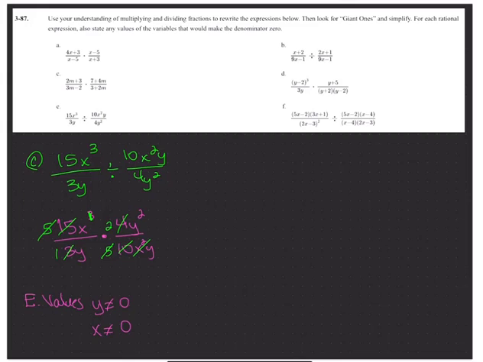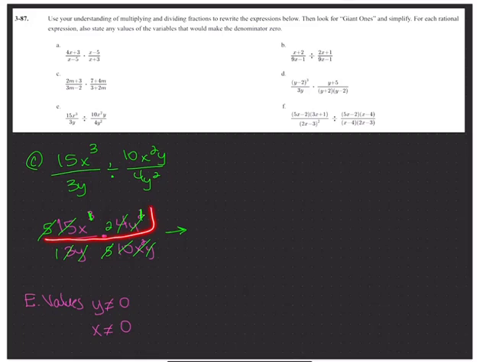And then when I look for my y's, I have y squared. So I have a y here. So I can cancel off one of these y's with this guy. But I have another y over here, and that other y allows me to cancel these guys out. So what am I left with on top?